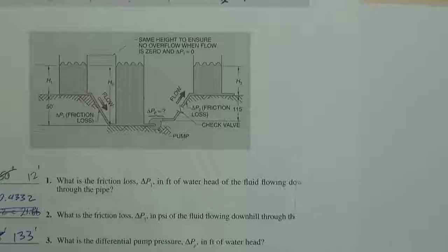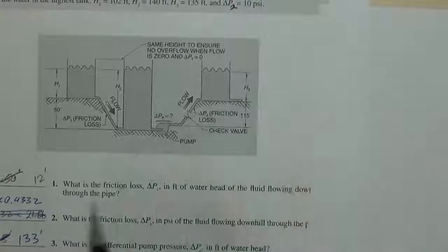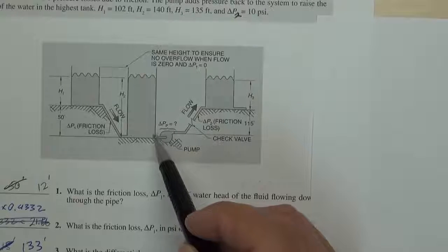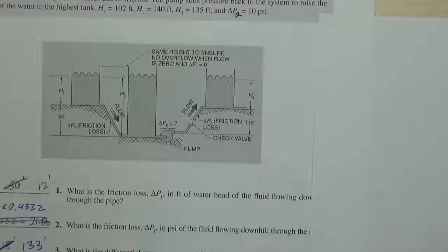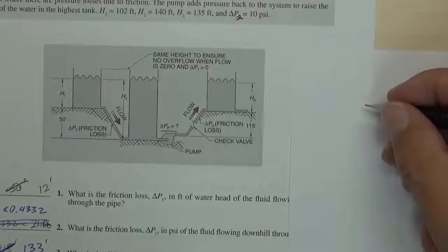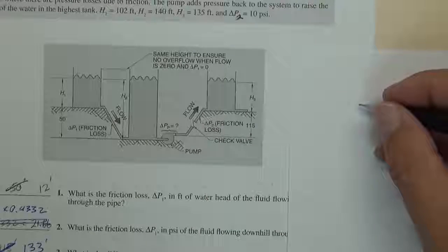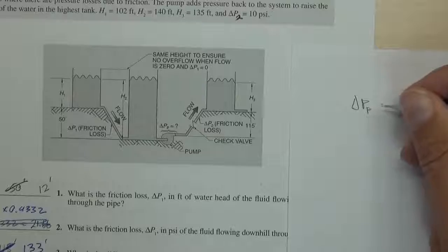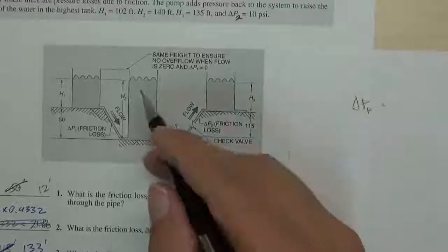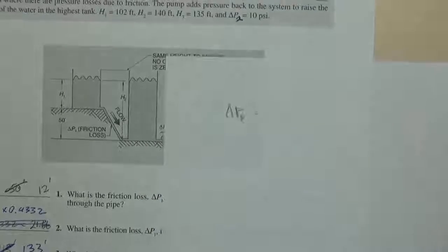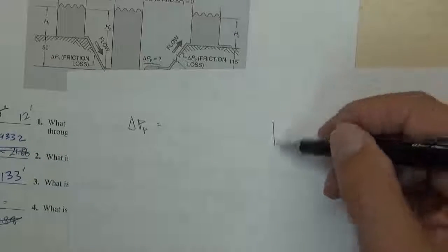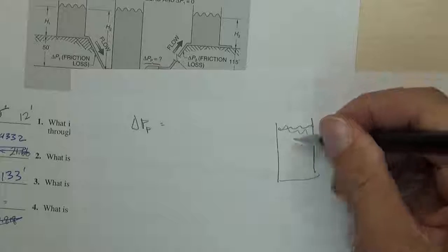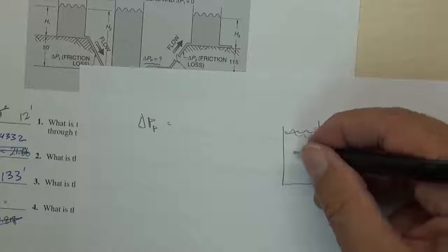Okay, so what we know is that we've got delta P. It's easy to find the pressure on this side. So delta P of the pump equals, and let's just draw a little picture over here. So at the bottom of tank, we got H2 is 140 feet.